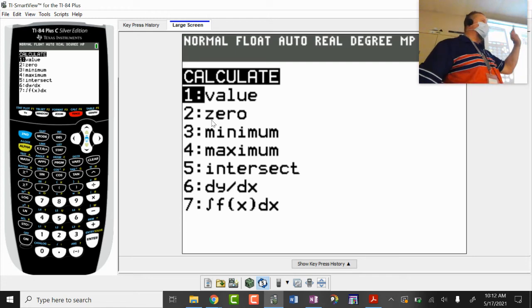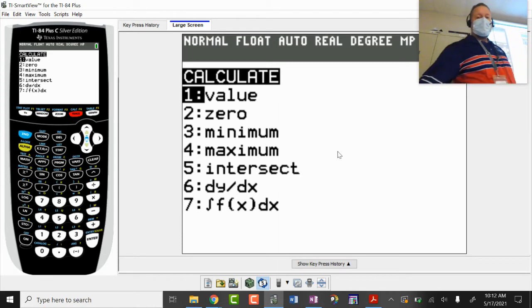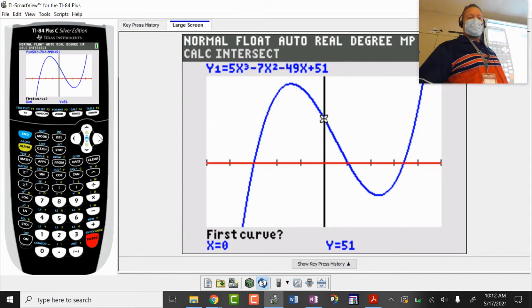But it's a way of programming the calculator so that the calculator knows what it's looking for. What am I going to use? I put 2 graphs, and I would like to know where those 2 graphs intersect. It only works if you do y2 equals 0. Because I wanted to make sure that stopped, where these 2 graphs intersect, and all I have to do is go close to where they intersect.